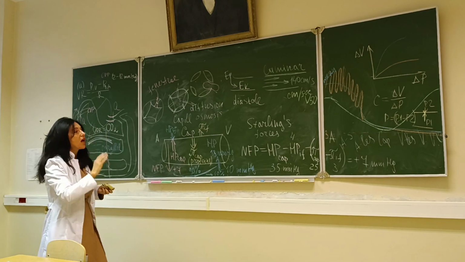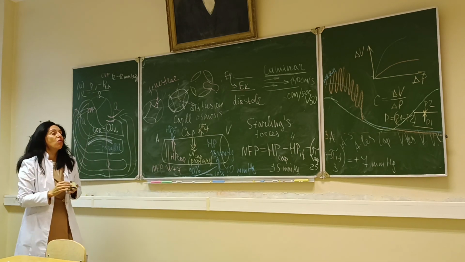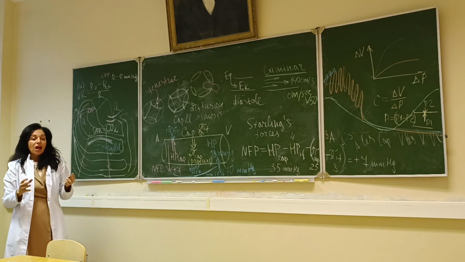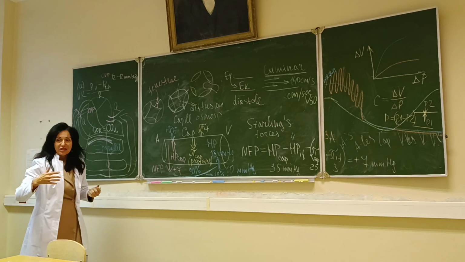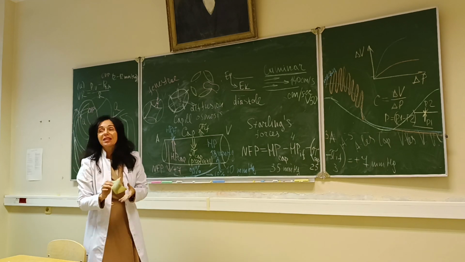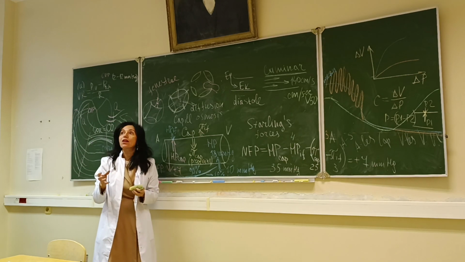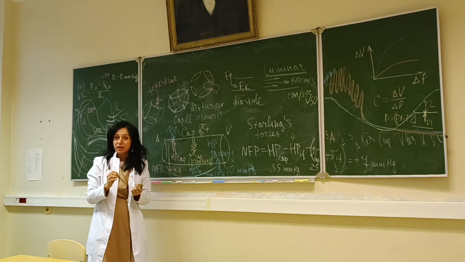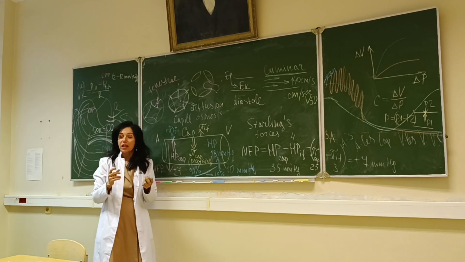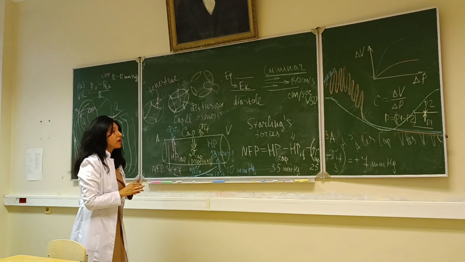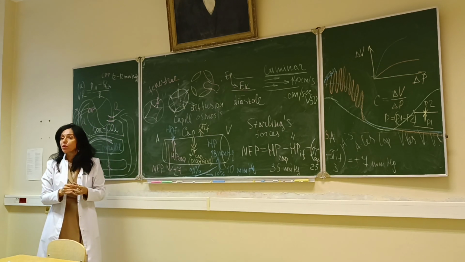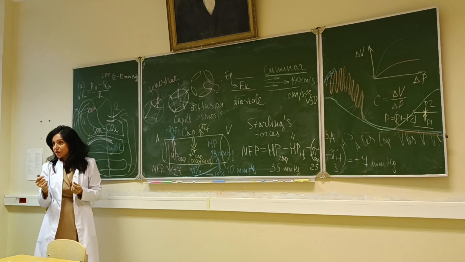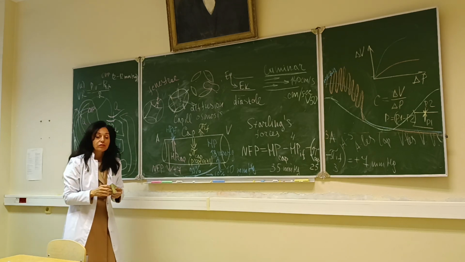So veins are called capacitors, not electrical capacitors of course, but volume capacitance. Veins contain most of the blood volume, 65% of blood is collected inside veins.